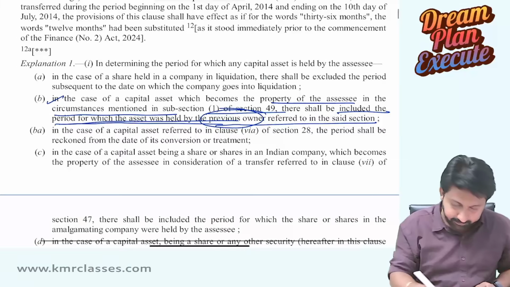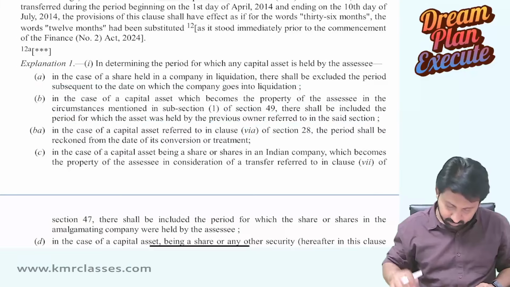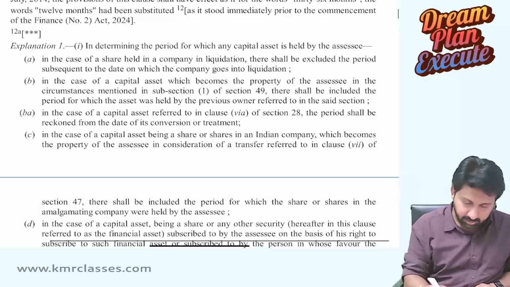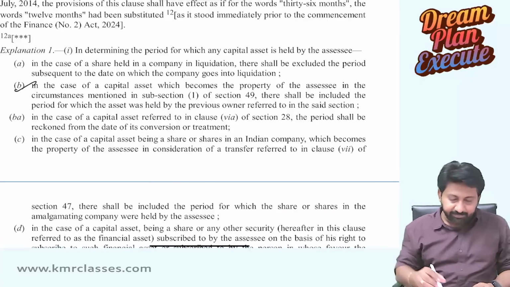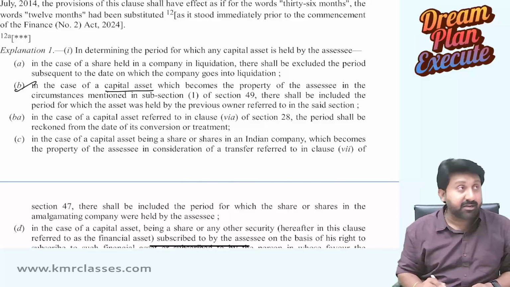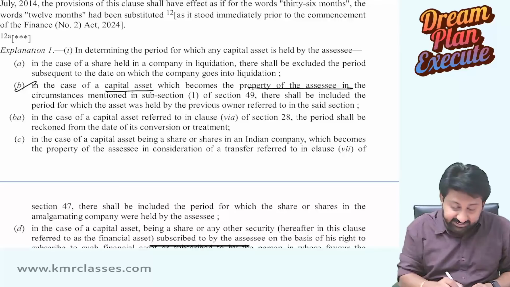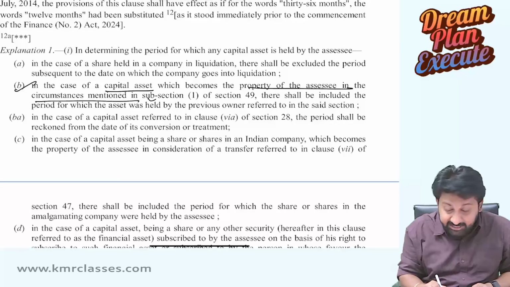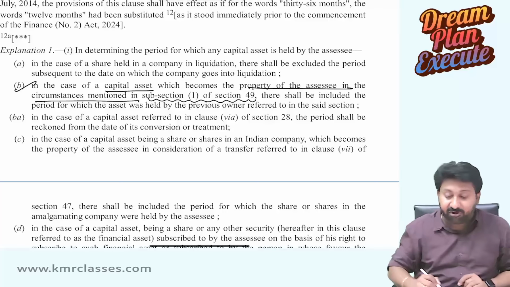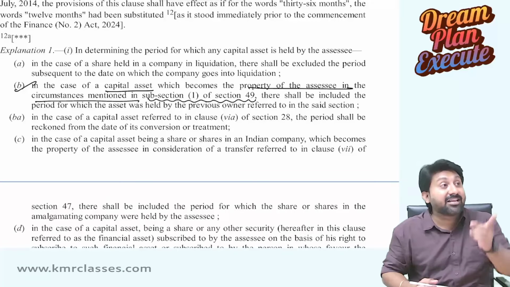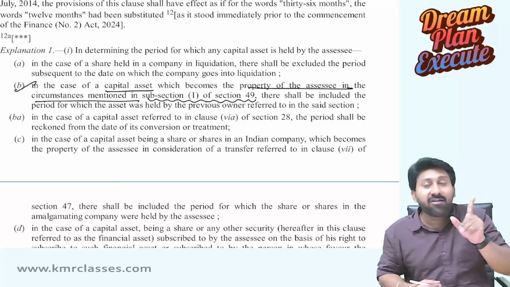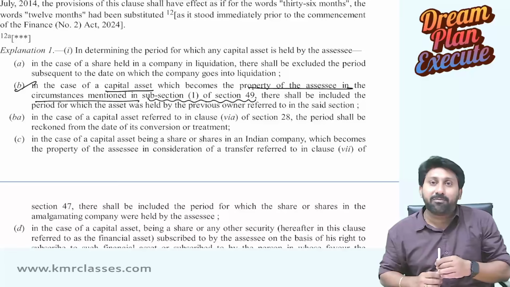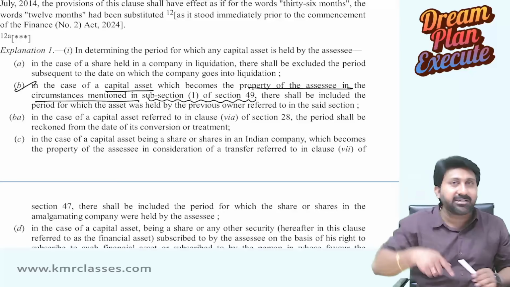See here. In the case of a capital asset which becomes the property of the assessee in circumstances mentioned in sub-section 1 of section 49, sub-section 1 of section 49 means the 49(1) mode. 49(1) mode means it should not attract IFOS also.